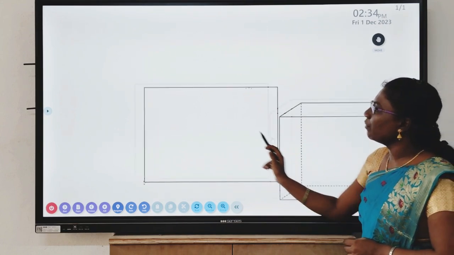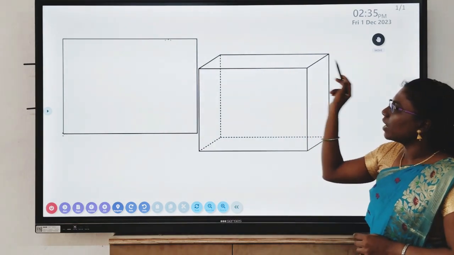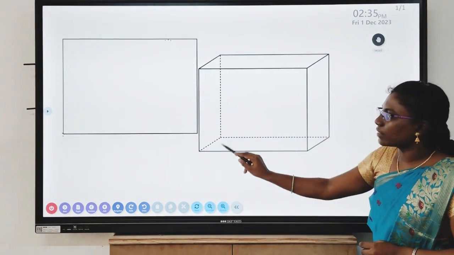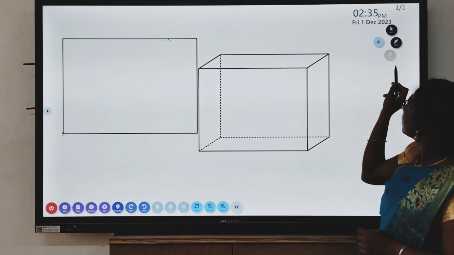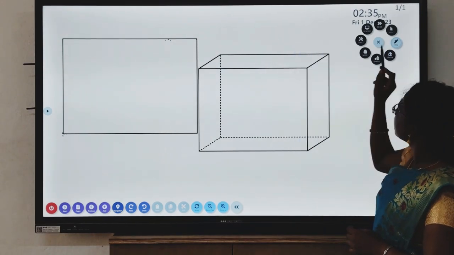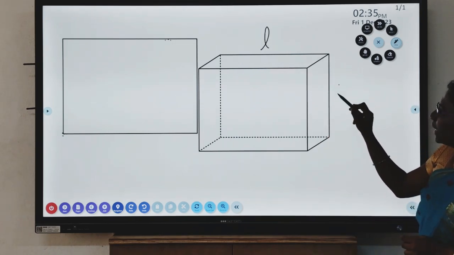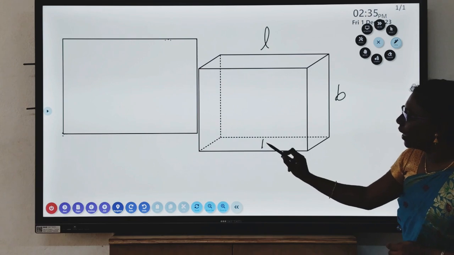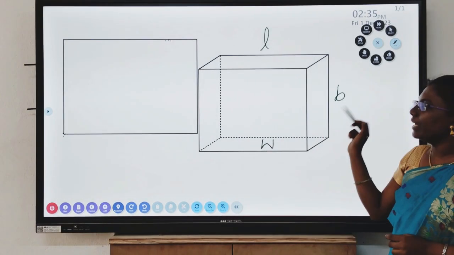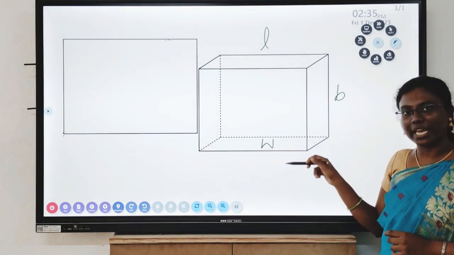Here you have three dimensions, which is length, breadth, and width. So this one is a length, and this is called the breadth, and this is called the width. So three dimensions are given for 3D shapes.